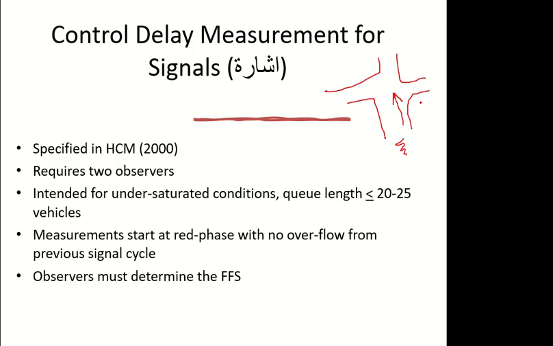During green without queue. So there are some lucky people, they come, the signal is already green and there's no queue as well from the previous red, so they are going at full speed. Obviously they don't want to stop, right? They have the golden chance to move. So you only take these samples.